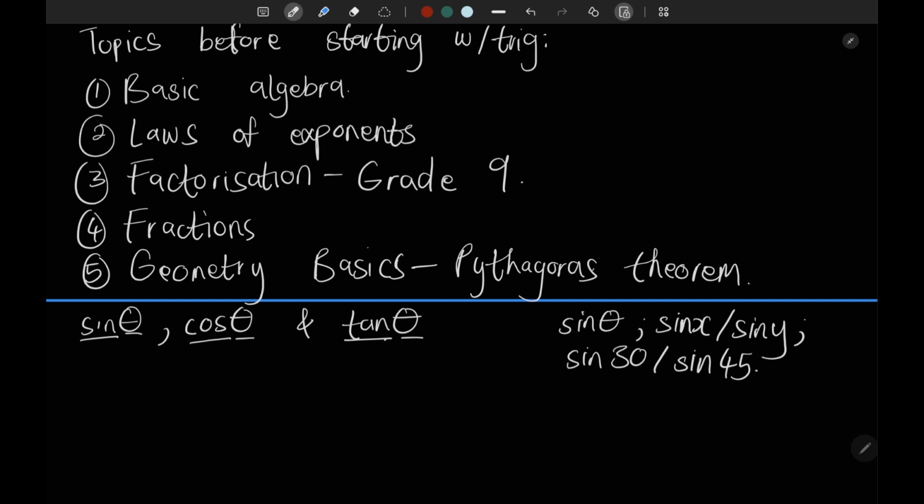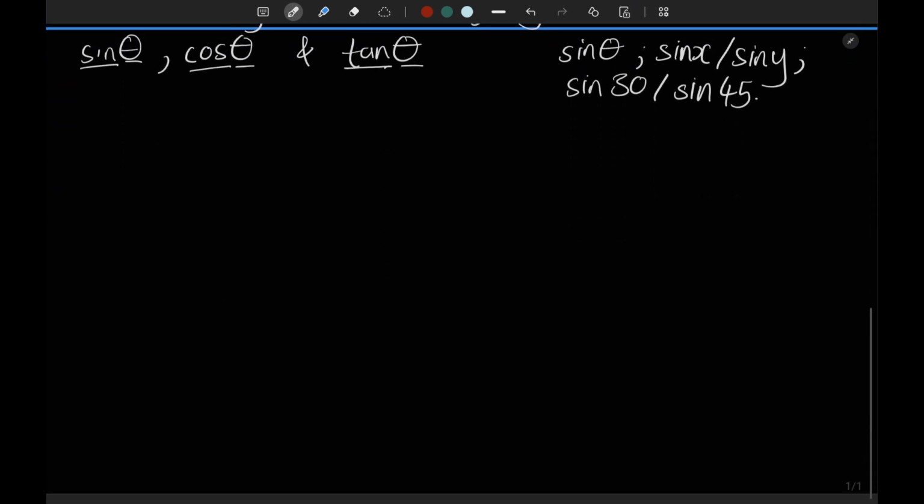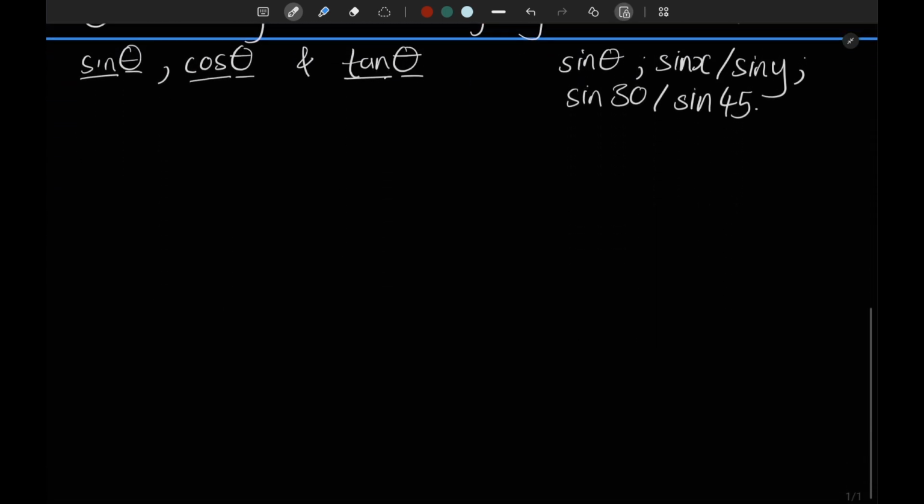Okay. So to remember what your trig ratios are equal to, they told you guys that you should use SOHCAHTOA. Now, the S stands for sine.